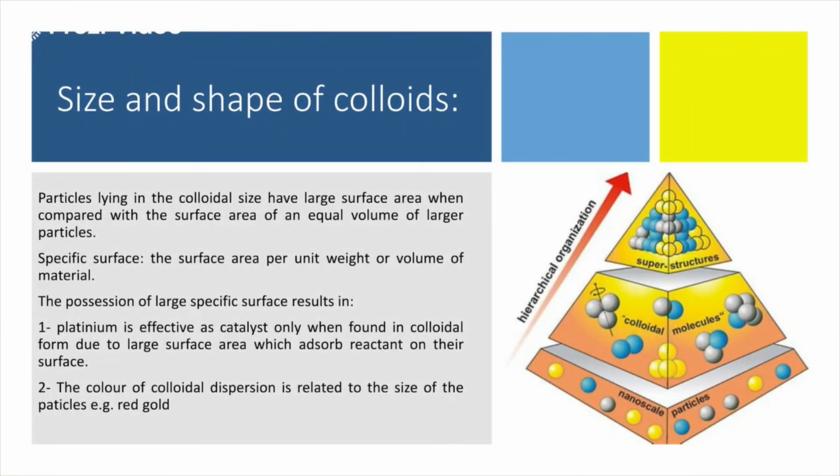Then talking further about the size and the shape of the colloids. Now you can understand when we talk about the preparation of colloidal dispersions, we talk about the reduction of particle size. So that if the particle size lies between 1 nanometer to 1000 nanometer, then only it will be considered as a colloidal size. So for that, we have to increase the surface area. So colloidal particles have a large surface area, large volume, and they have specific properties also.